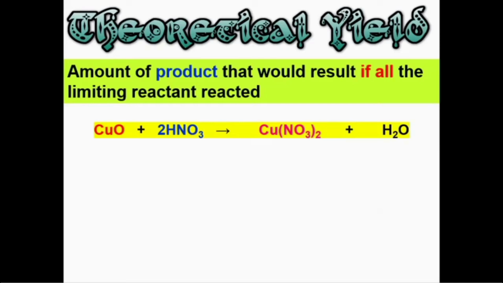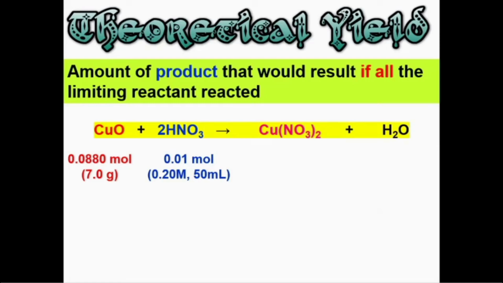But in this reaction, we have 7 grams of copper 2 oxide, or 0.088 moles of copper 2 oxide. This amount of copper 2 oxide reacted with 50 mL of 0.2 molar nitric acid, or in moles, 0.01 mole.